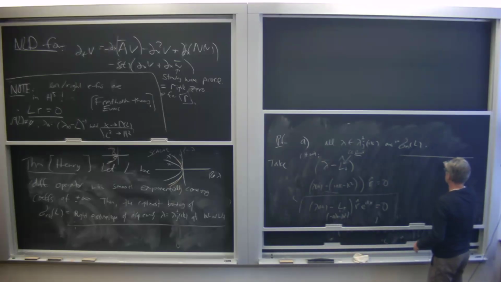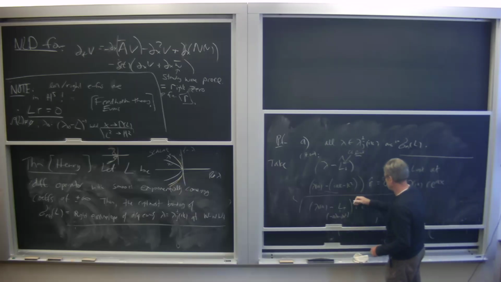So now I'll look at chi of x, r e to the ikx. This should just be an r.